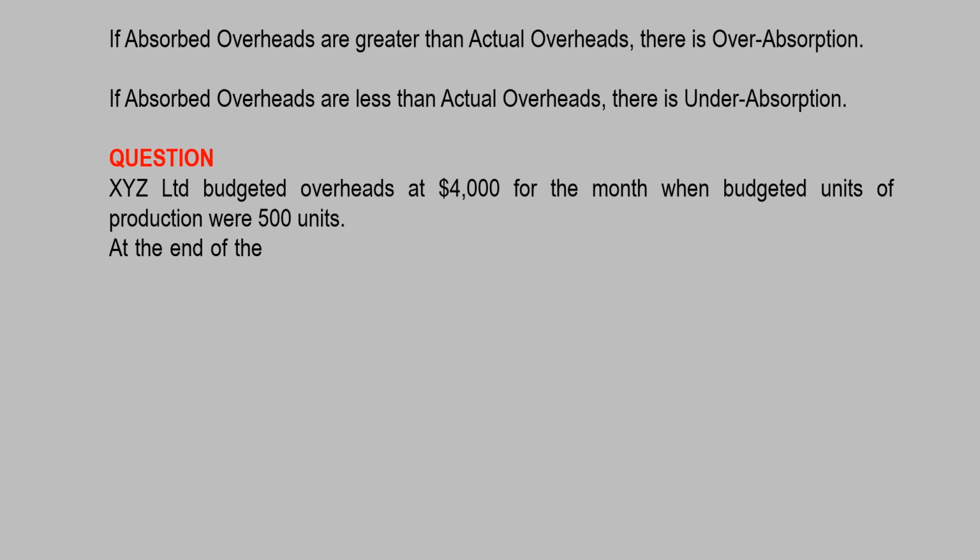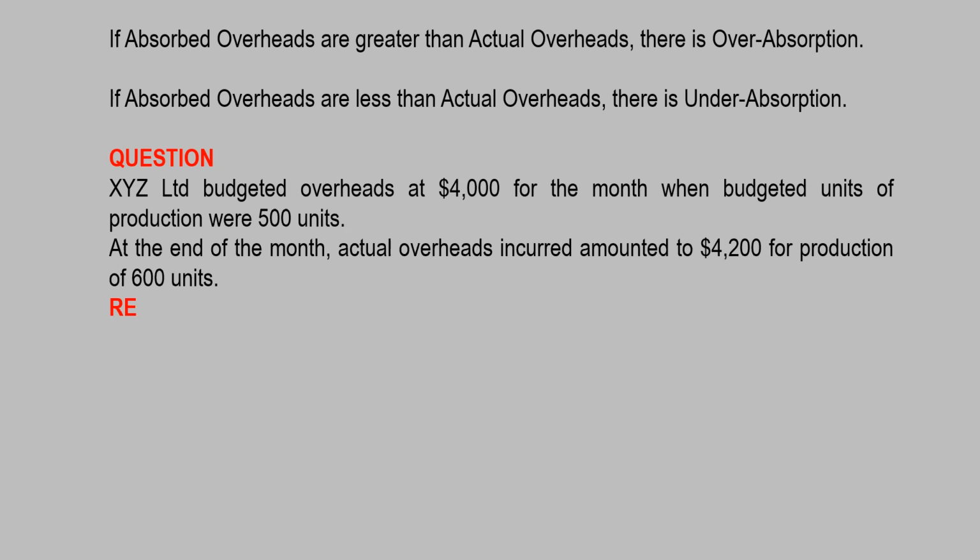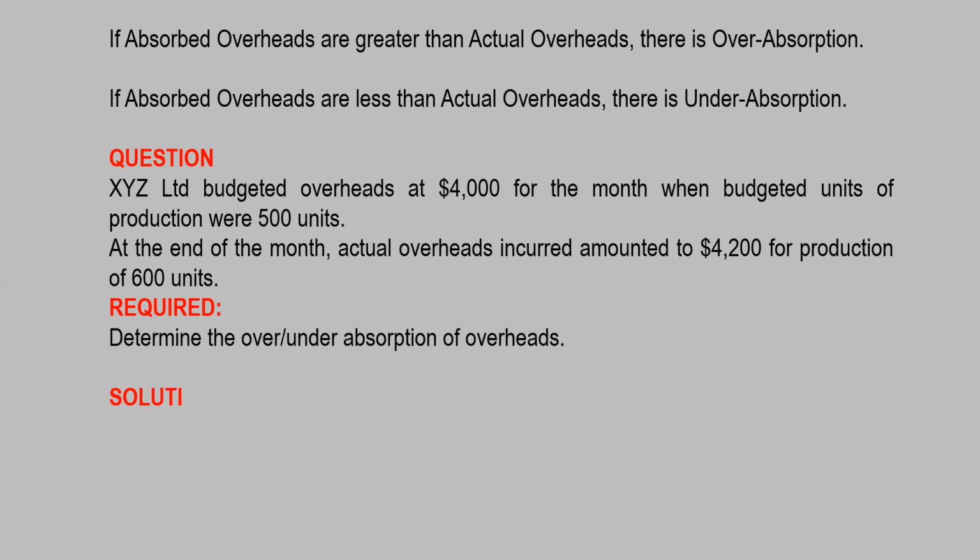Then at the end of the month we had the actual results, which meant that the actual overheads incurred were $4,200 and 600 units were produced. Then what are we required to do? You just have to determine the over or under absorption of overheads.